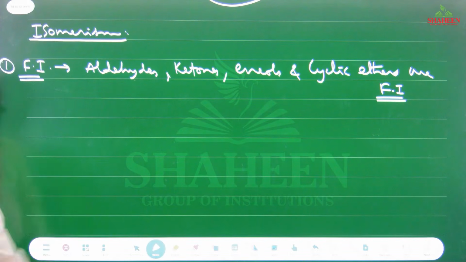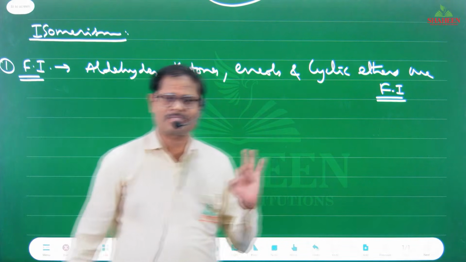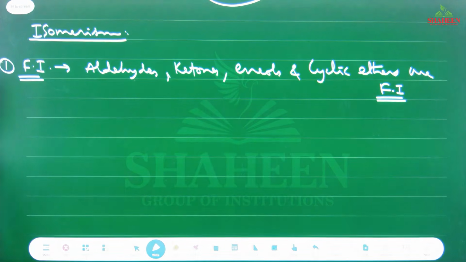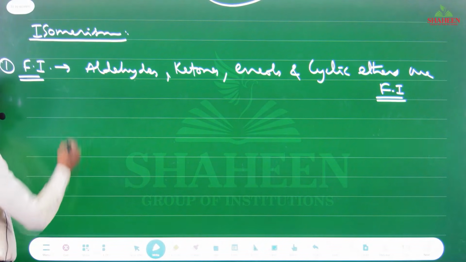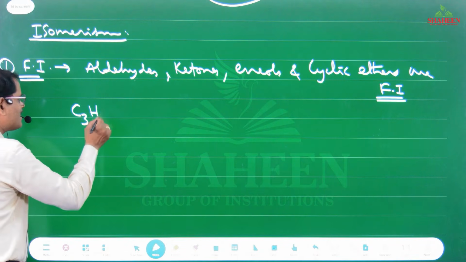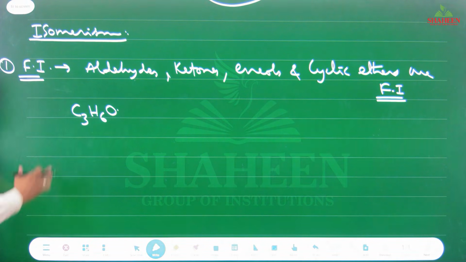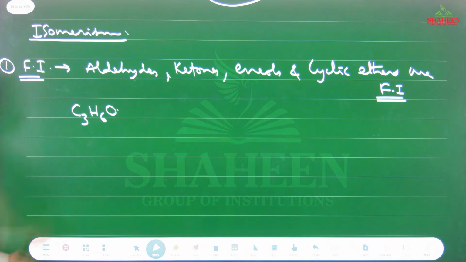For example, a ketone starts with a minimum of 3 carbon atoms. To represent a ketone, we require a minimum of 3 carbon atoms. That's why, by taking 3 carbon atoms, the general formula CnH2nO gives C3H6O.